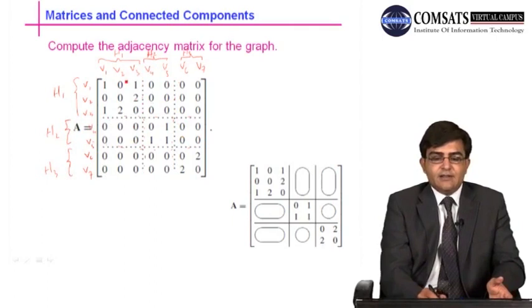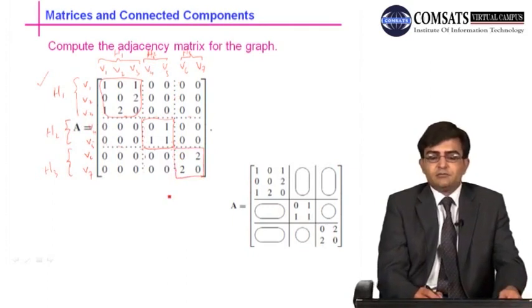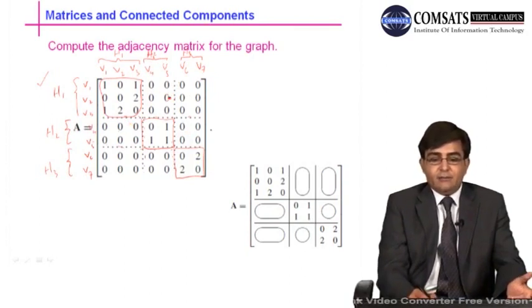This first matrix corresponds to the adjacency matrix of the first connected component H1. This matrix corresponds to the connected component H2. This matrix corresponds to the connected component H3. All other entries will be 0. Sometimes writing them as a big 0 like this is also valid.